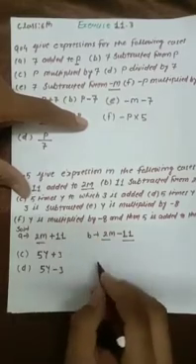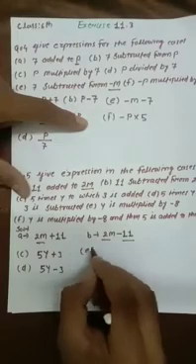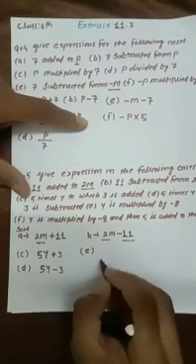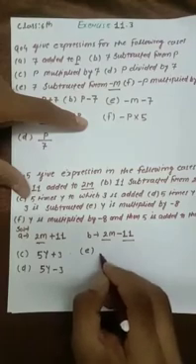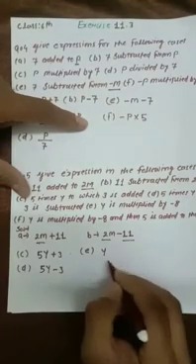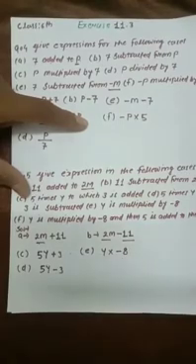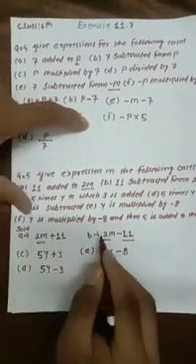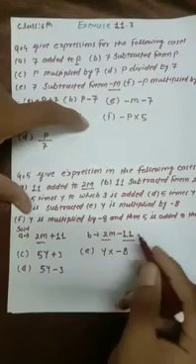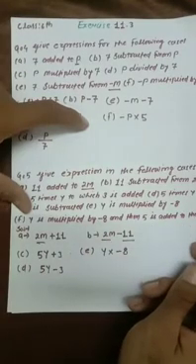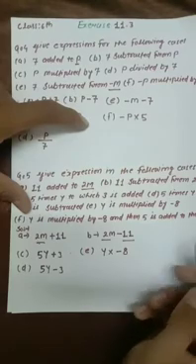Now come to the e part. y is multiplied by minus 8. That means y is a variable and it is multiplied by minus 8. So it becomes minus 8y. Now the f part says, y is multiplied by minus 8 and then 5 is added to the result.